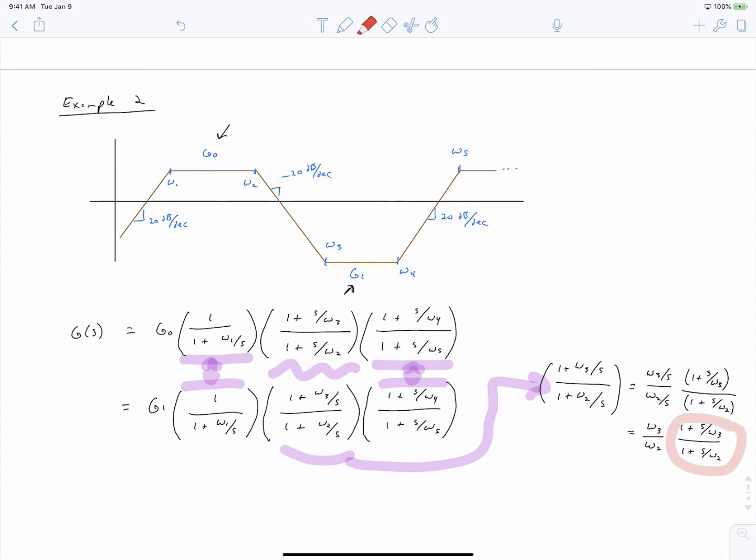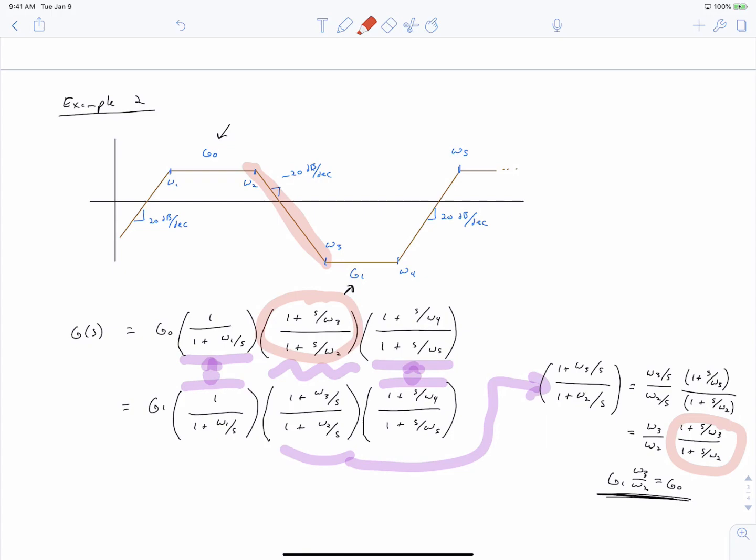Which now creates a match of these terms and shows us that G1 of omega 3 times omega 2 must be equal to G0. And this is true. It's actually an interesting observation because you can see from this expression the ratio of omega 3 to omega 2 is this geometric distance that you have up here.